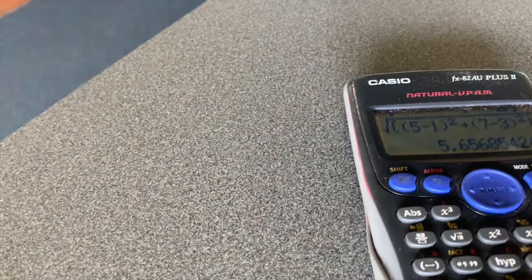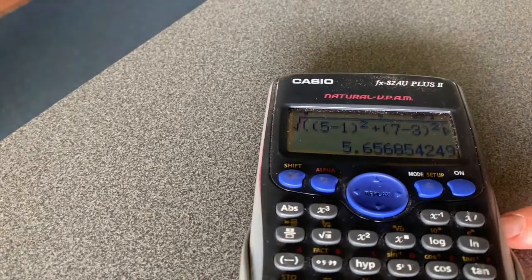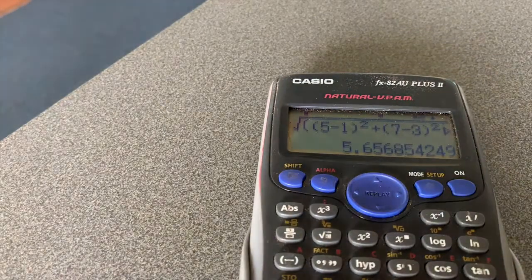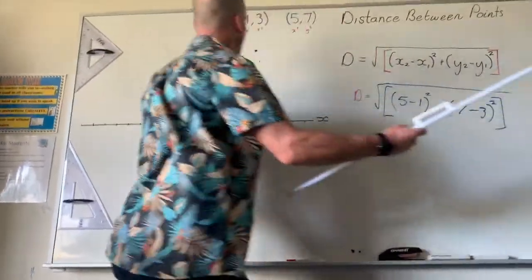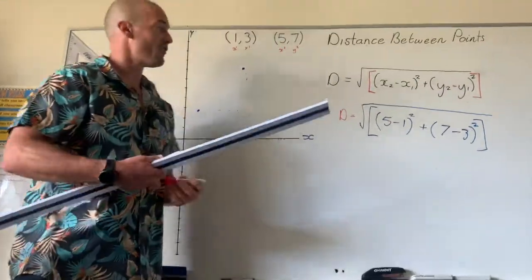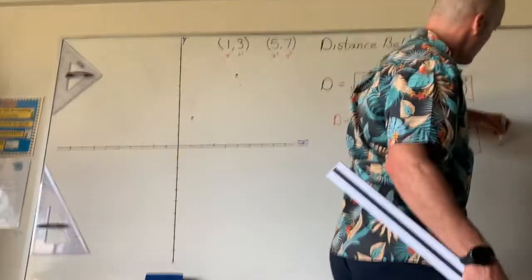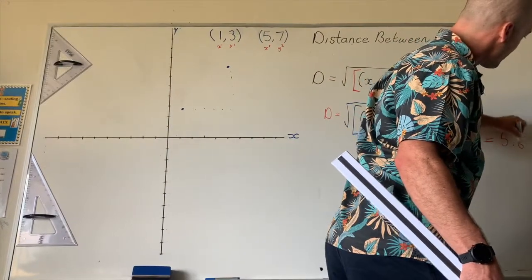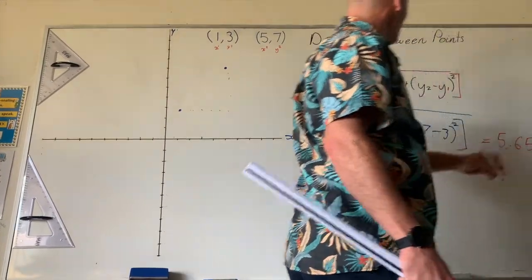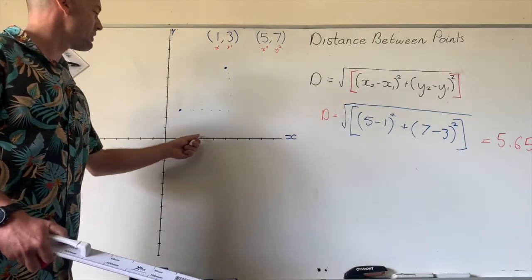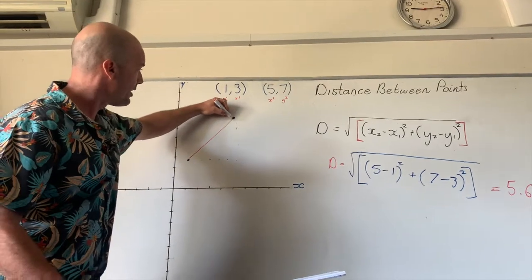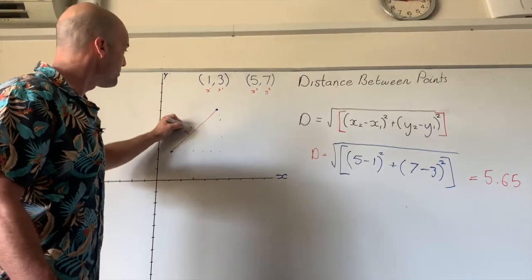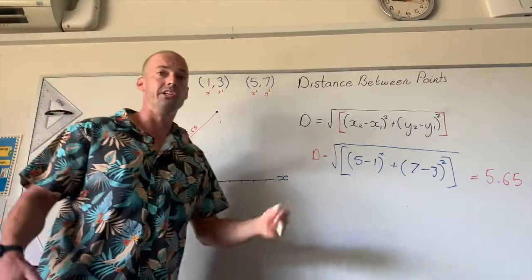Now, whatever units you're using, the 5.65. That's how many, if these were centimeters, each square was a centimeter, 5.65 centimeters. But it's saying that that line between there and there is 5.65 of whatever units you were doing.